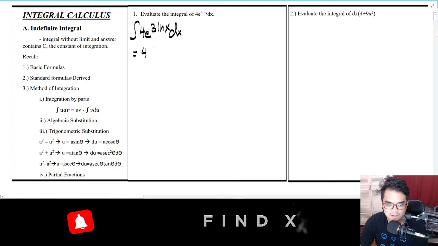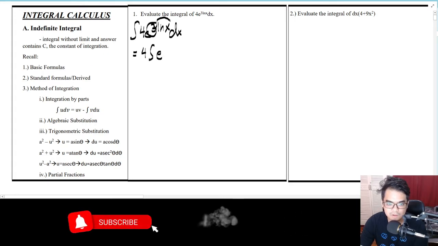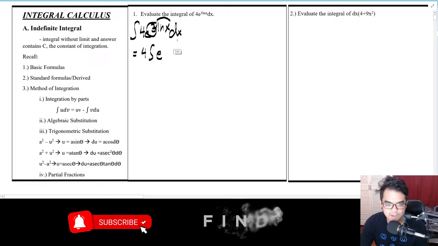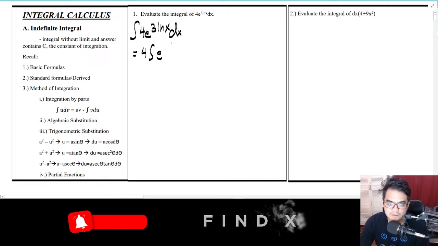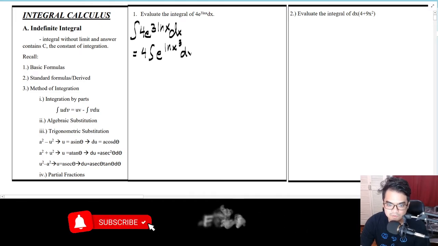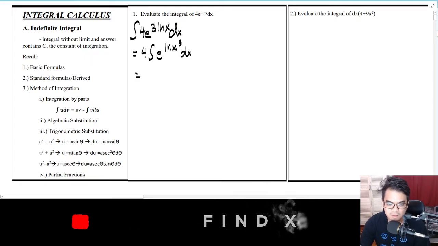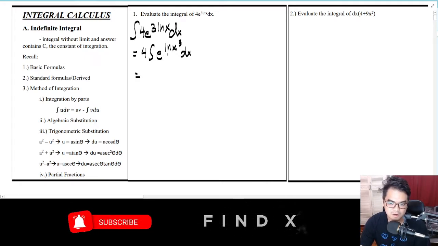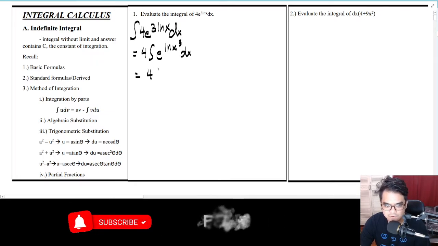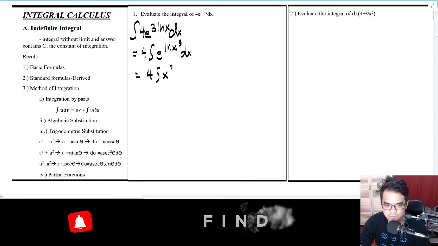Then the 3 can go to the power of the ln by a logarithmic property, so you'll have e^(ln x³) dx. Every time e and ln are beside each other, you can cancel them out, so you'll be left with x cubed dx.